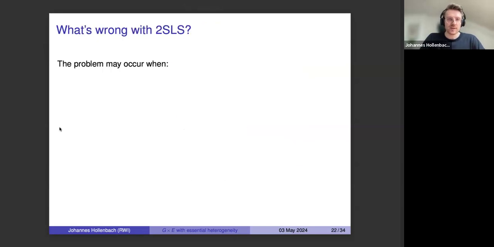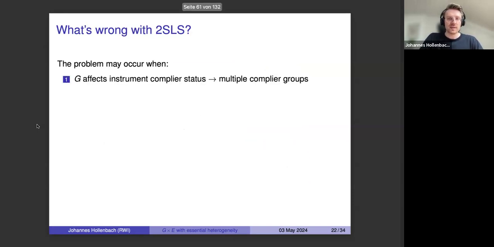Now, what's wrong with two-stage least squares? I would say nothing, but if two things hold, you may get into these problems. First thing is having multiple complier groups. In our case, multiple complier groups happen if G, so your genetic component, affects the instrument complier status.